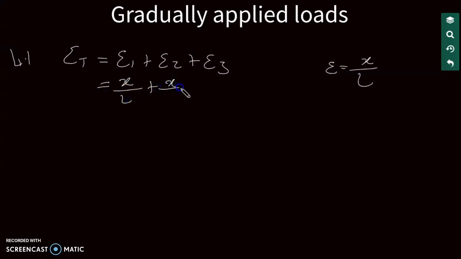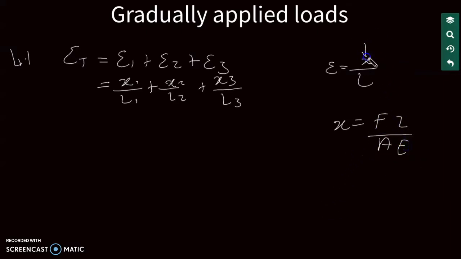Plus, this is change in length number 1 over length number 1, change in length number 2 over length number 2 plus change in length number 3 divided by length number 3. And then we know that x is equal to F L divided by A E.